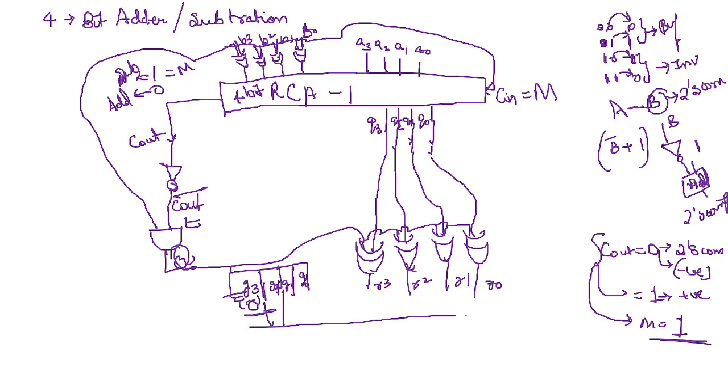And now this I will apply to another 4-bit RCA, ripple carry adder circuit, or any other 4-bit adder circuit. And this carry again I have to apply this Q bit.